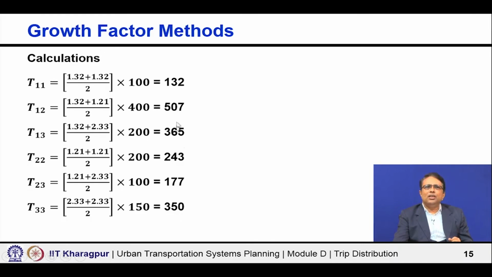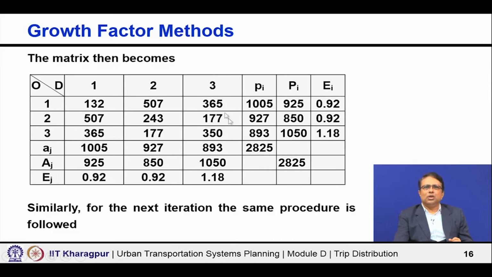Like that, you take each cell, see what is i, what is j, what is the growth at the production end of i, what is the growth at the attraction end of j, take the average growth, and multiply the respective cell with that growth to get the future values. Like that we got it.